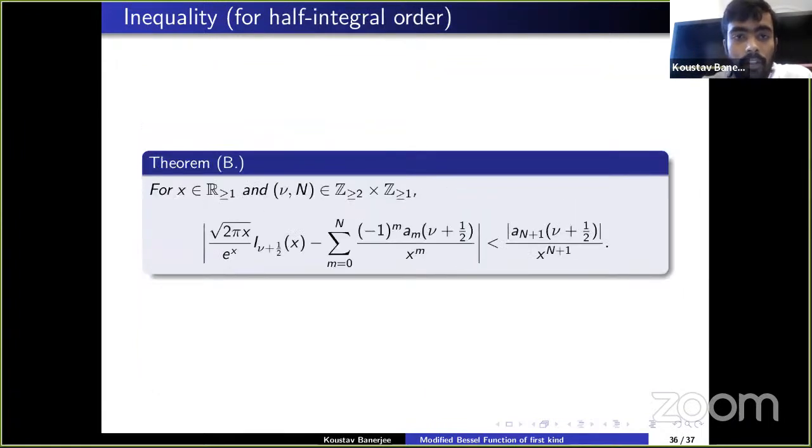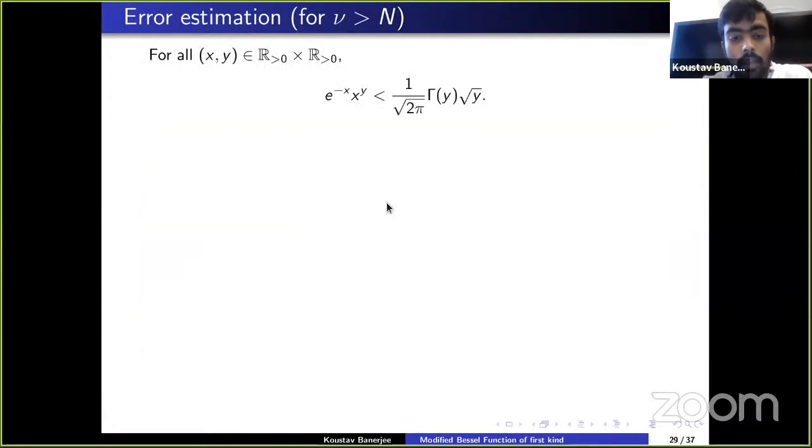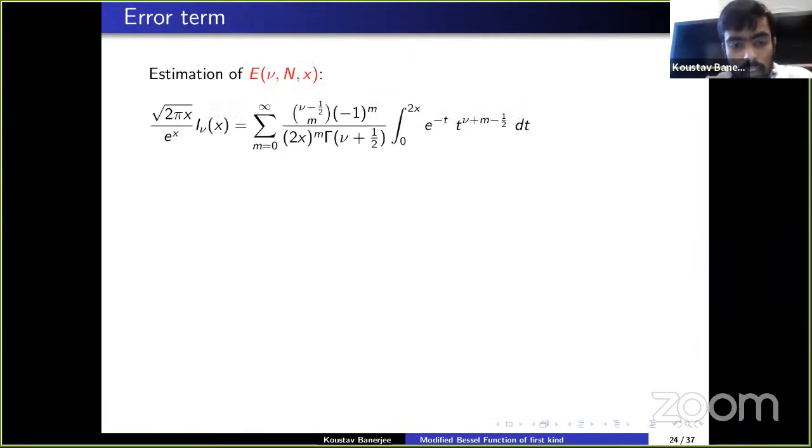And for half integral order, which I explained, nu greater or equal to 2 and z greater or equal to 1, we see that I of order nu plus half is much easier because we do not need such detailed calculations.